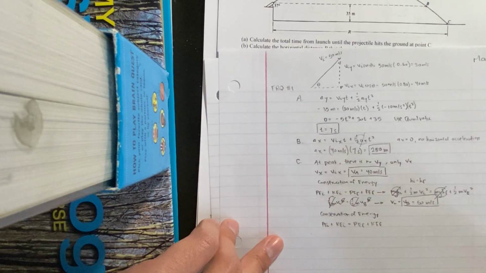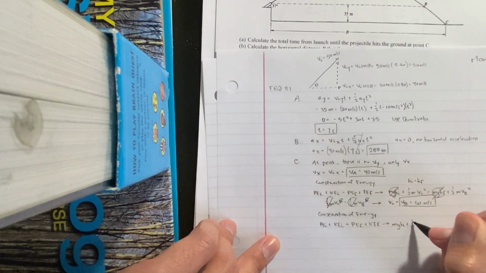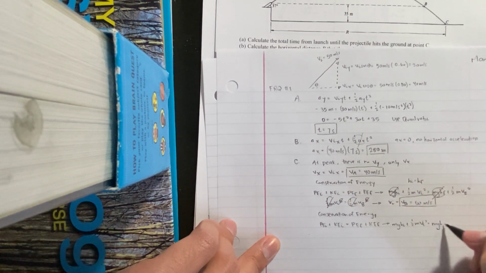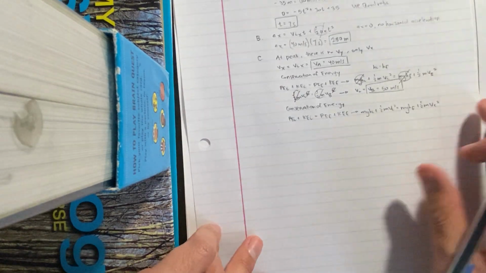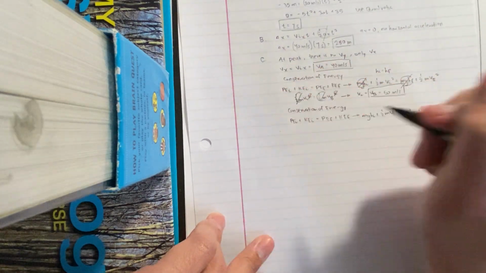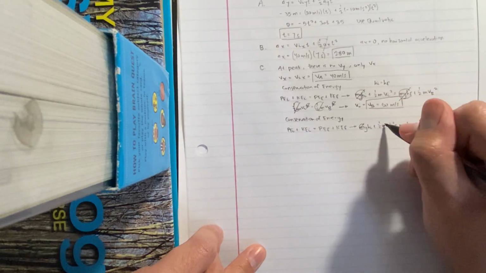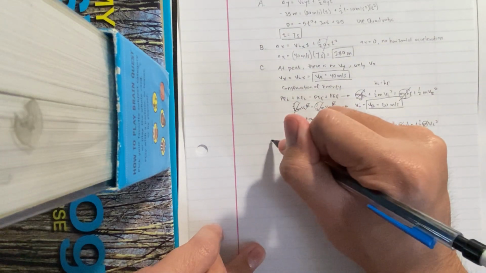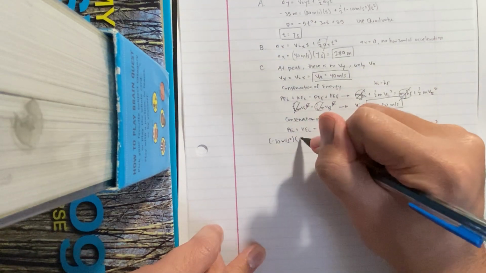So it's going to be mgh initial plus 1/2 m vi squared equals mgh final plus 1/2 m vc squared. So the initial height is going to be 35. First I'm just going to cancel out all the m's, leaving us with g, which is going to be negative 10 meters per second squared. The initial height is 35 meters.